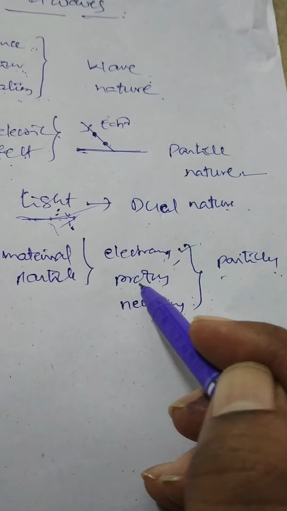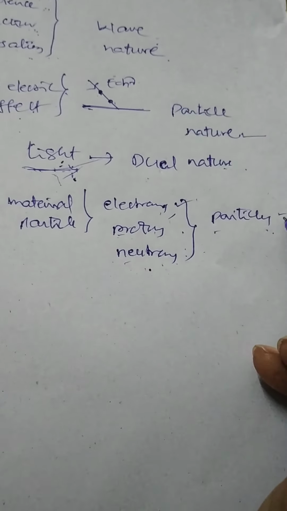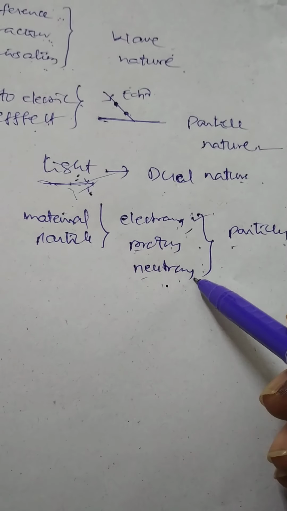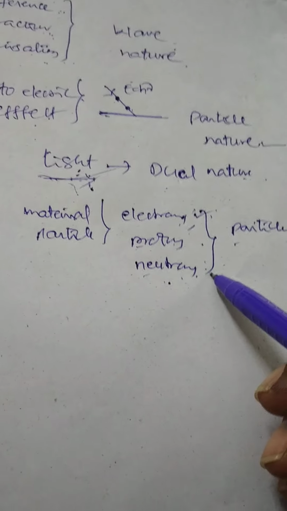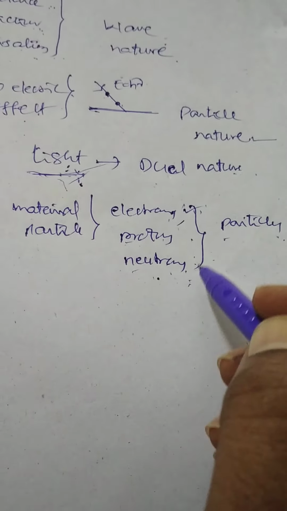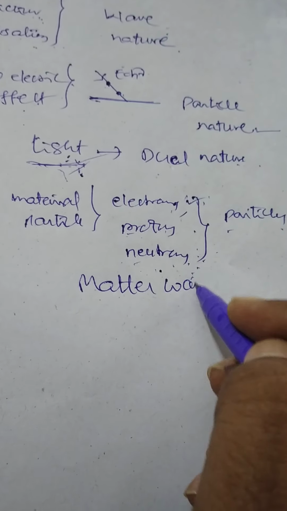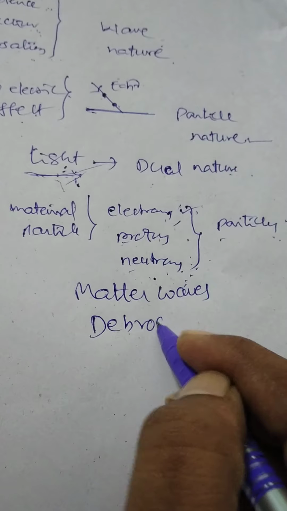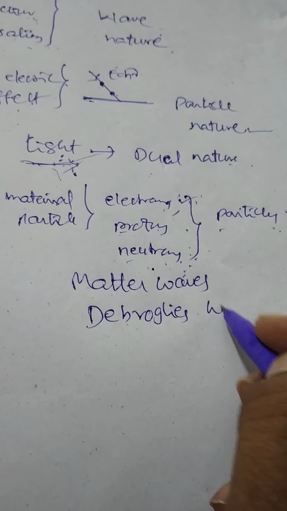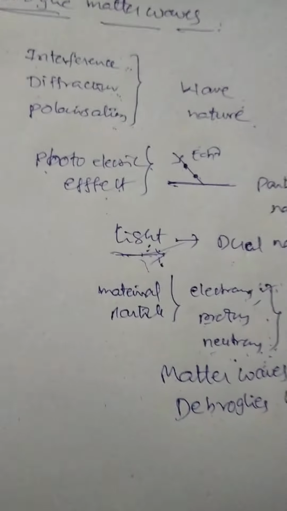The material particles have particle nature, but to explain some more properties, they also behave like waves. The waves corresponding to the material particles are called matter waves, which are also called de Broglie waves.